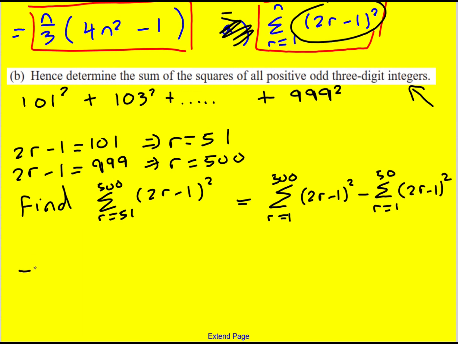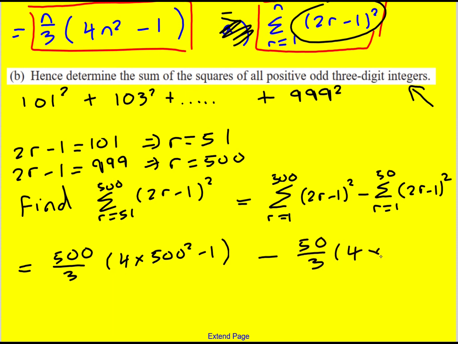That's everything we need, because now I can just sub in n equals 500 for the first one. 500 over 3 times 4 times 500 squared minus 1, and subtract 50 over 3 times 4 times 50 squared minus 1 for that second one. And we can put this into our calculator.